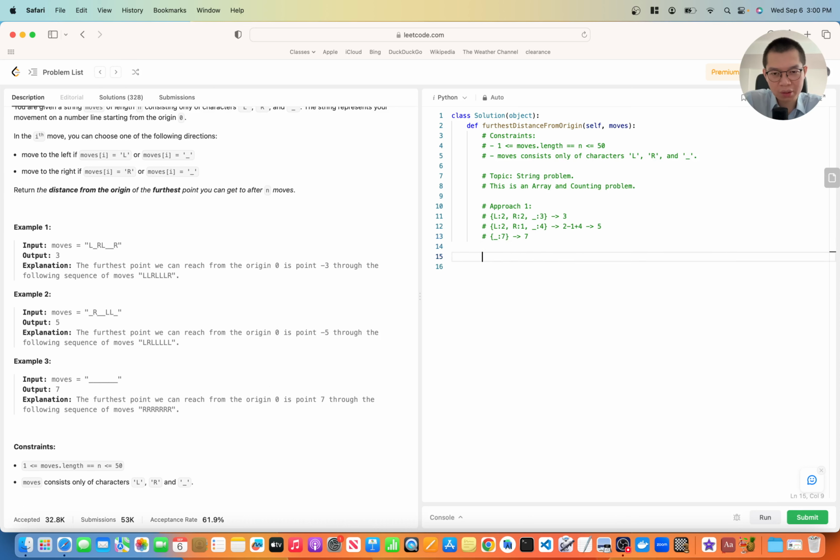And so let me try to write out the algorithm, right? Define left, right, and underscore variables.